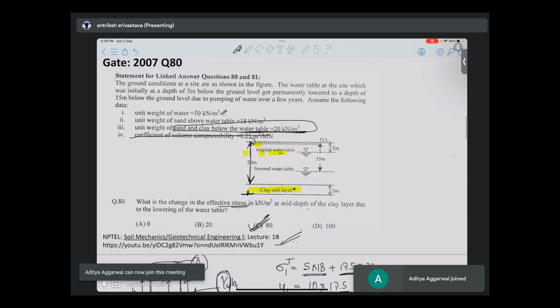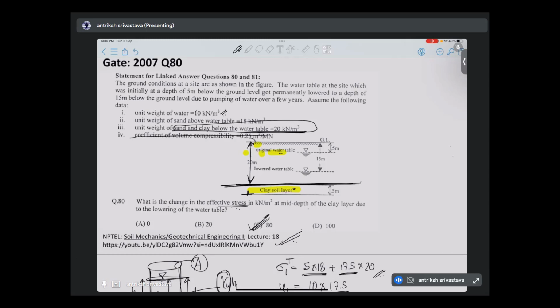If we were to take the effective stress on the top of the clay soil here, theoretically, practically speaking, it should not change because the water table is above.